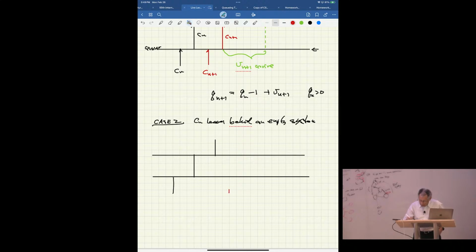So Cn plus 1 comes in here. As soon as he comes in, he goes right into service. A little while later, he leaves. So let's label these things. This is Cn plus 1, and all the rest is Cn.